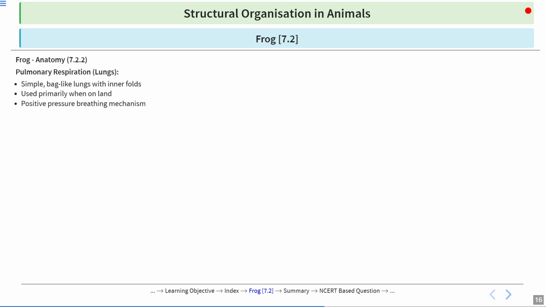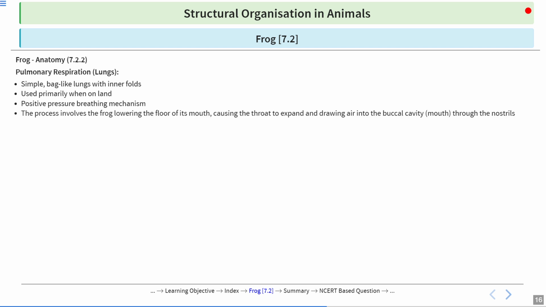Positive pressure breathing mechanism. Okay, this is the way they breathe, like we also breathe in the same way. The process involves the lowering of the floor of its mouth, causing the throat to expand and drawing air into the buccal cavity through the nostrils.